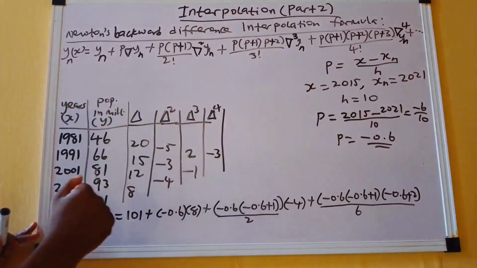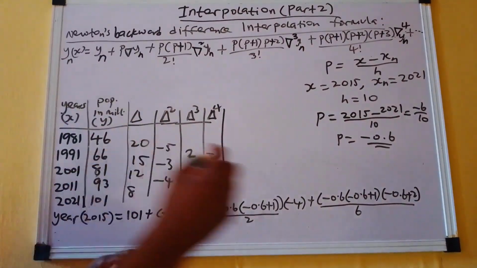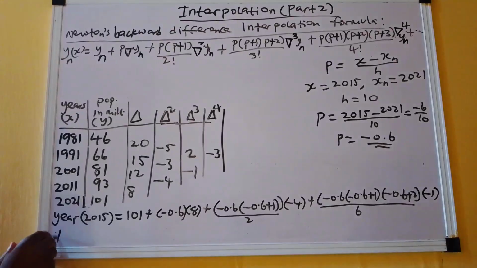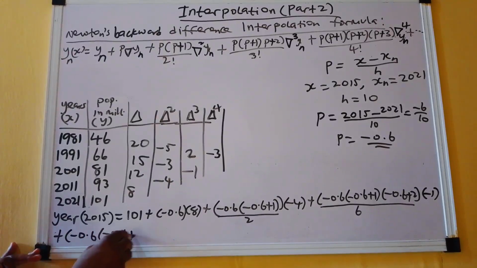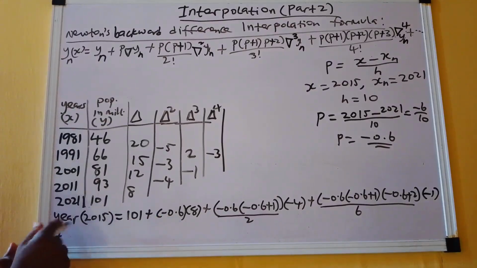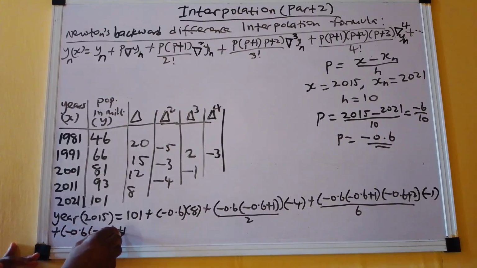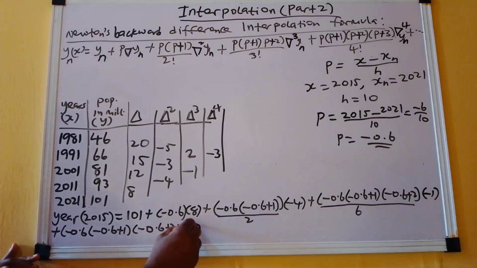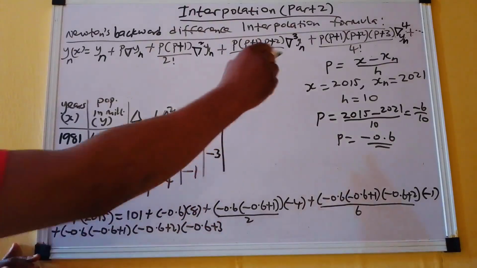Now you can see we have written this one. The third backward difference is minus 1. So you put the minus 1 here. Then of course you come to the last one, plus bracket, minus 0.6 into minus 0.6 plus 1 into minus 0.6 plus 2 into minus 0.6 plus 3.